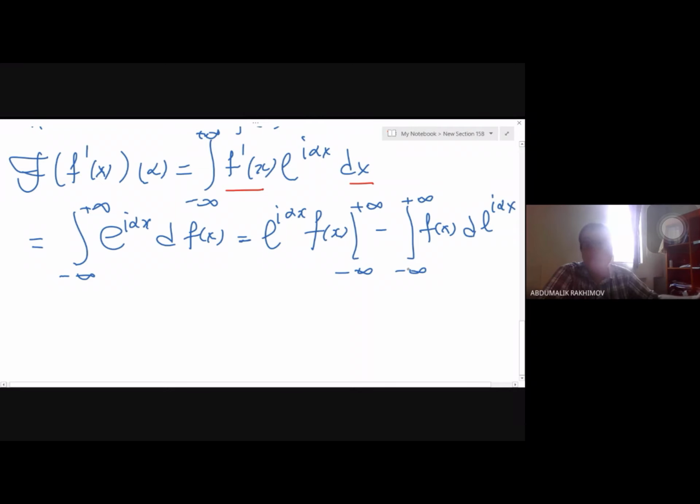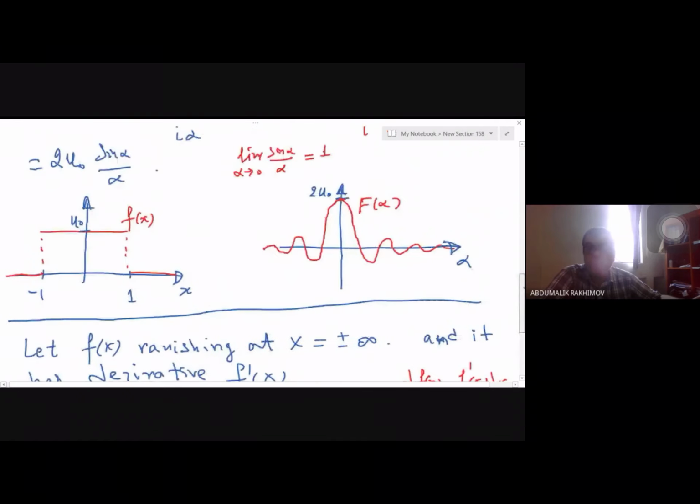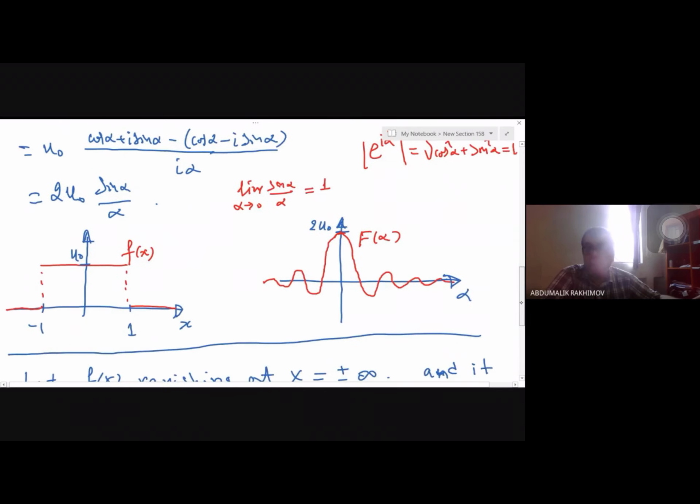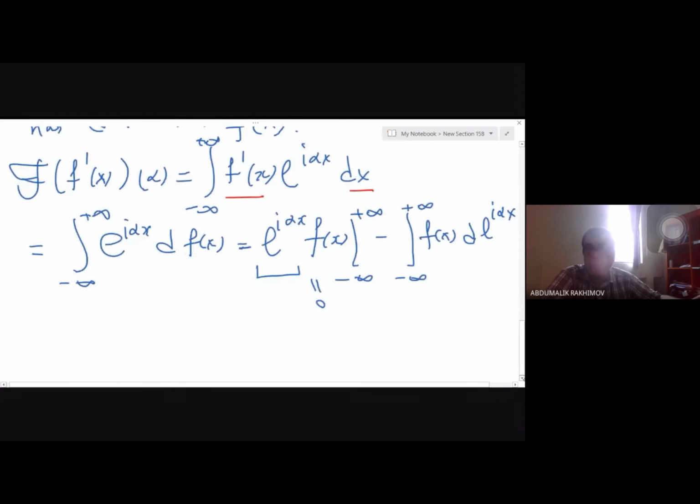Clear? It's just the formula for integration by parts. So the first term is 0. Why is the first term 0? Because f(x) is vanishing in our assumption. And this exponential is not exceeding 1. Remember, the modulus of this complex exponential is equal to 1, so it is not exceeding 1 by modulus.